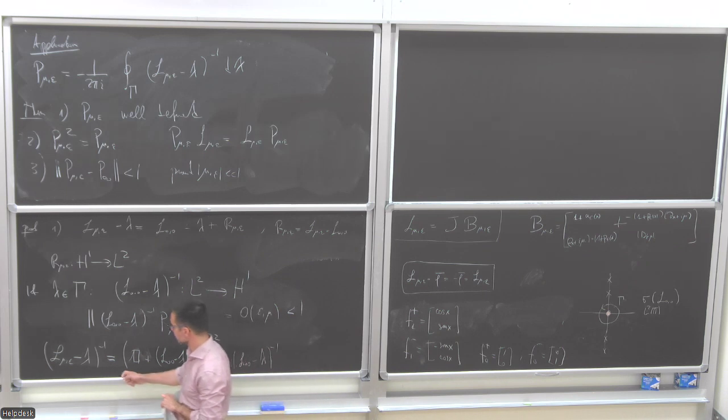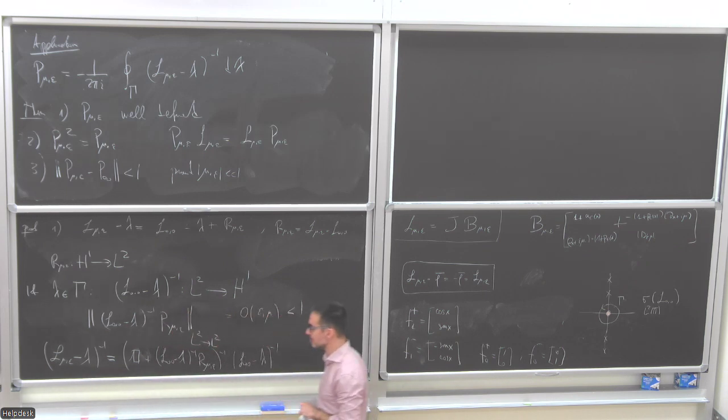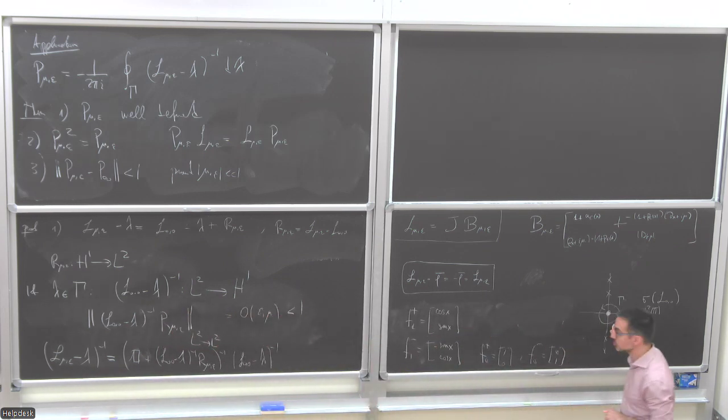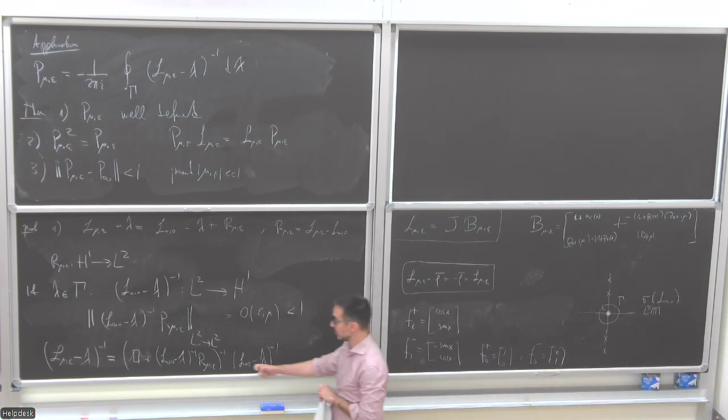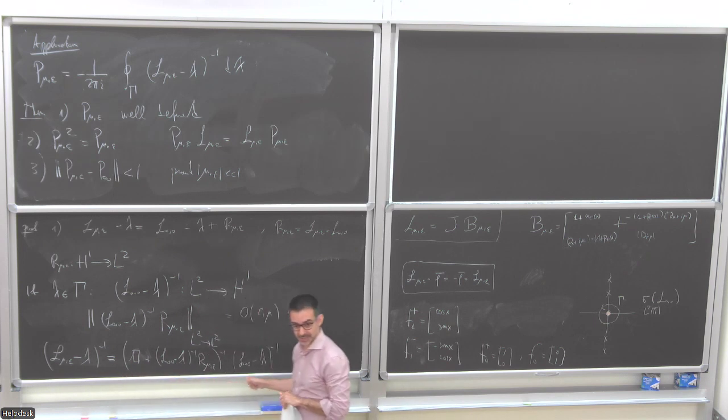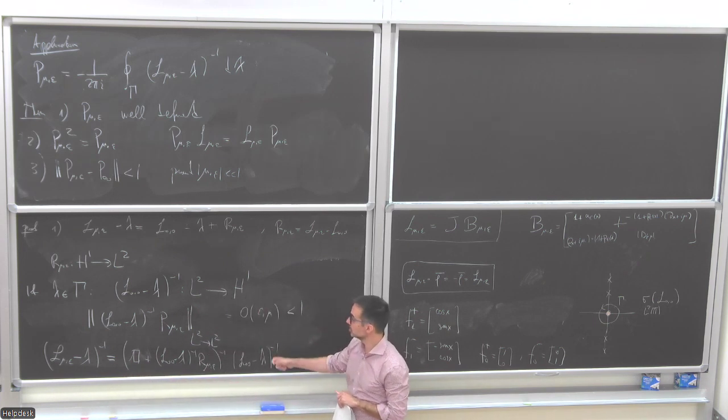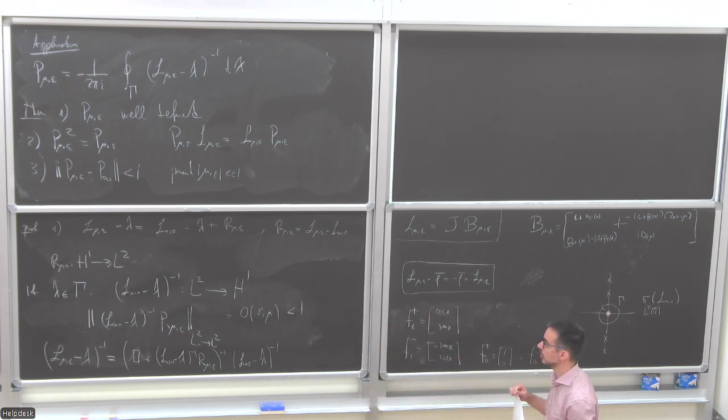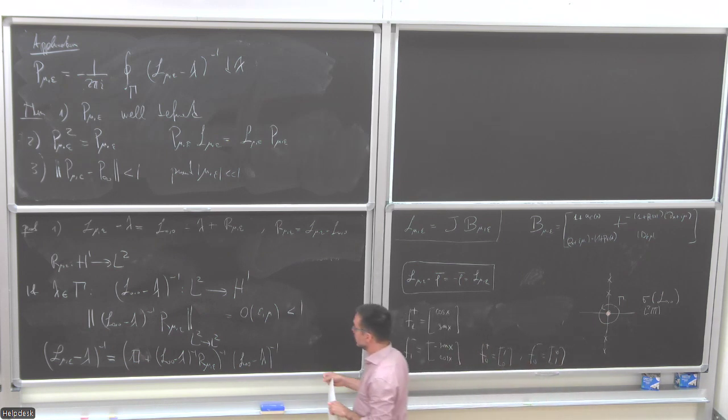And so if lambda belongs to gamma, then it is also in the resolvent set of the perturbed operator, and moreover the resolvent is bounded from L2 to L2. It is also a regularizing operator because it goes from L2 to H1.